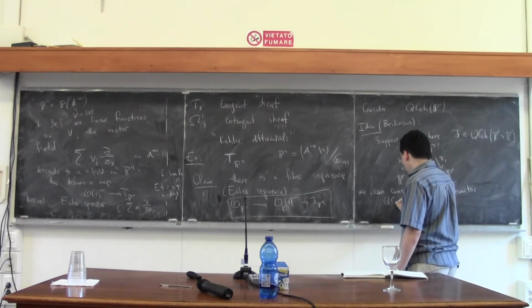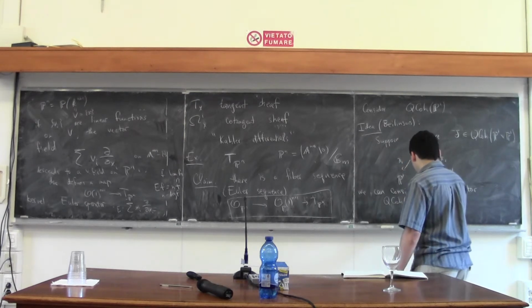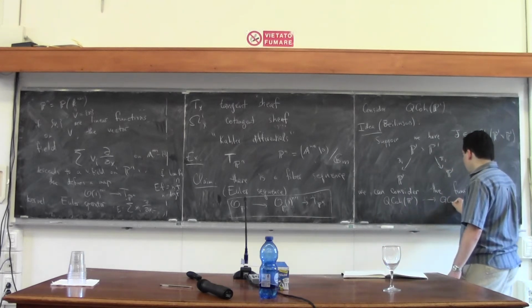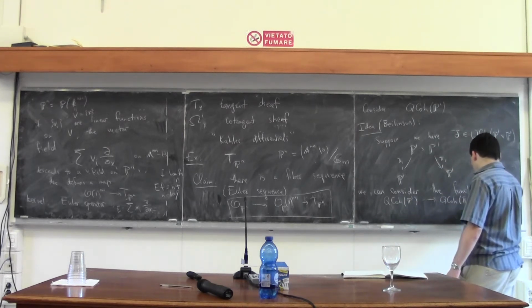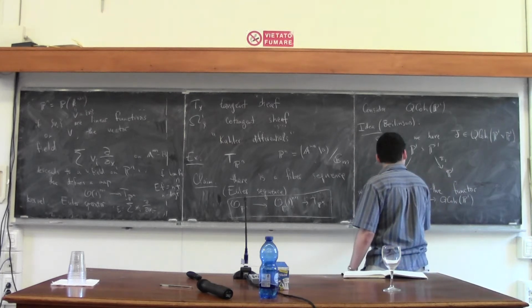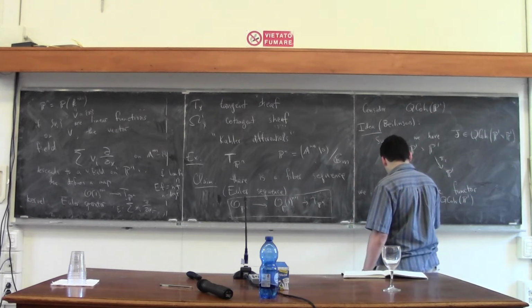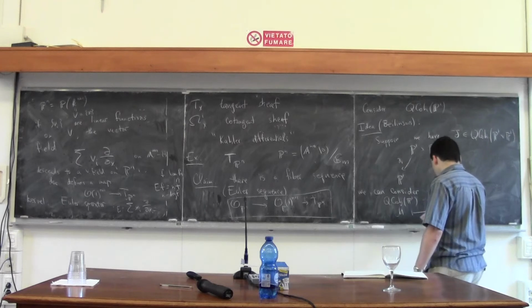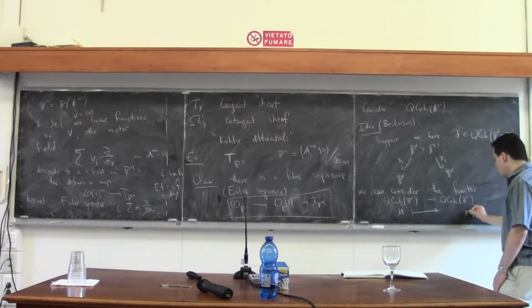It's going to go from quasi-coherent sheaves on P1 to quasi-coherent sheaves on P1. It's going to take, let's call it M here. We're going to do the following. We're going to go back.